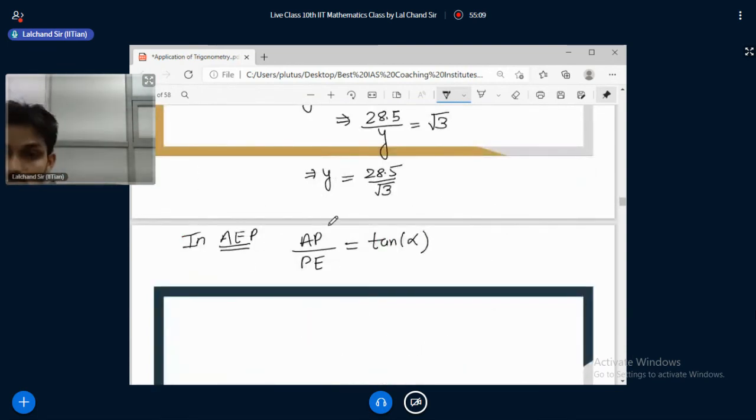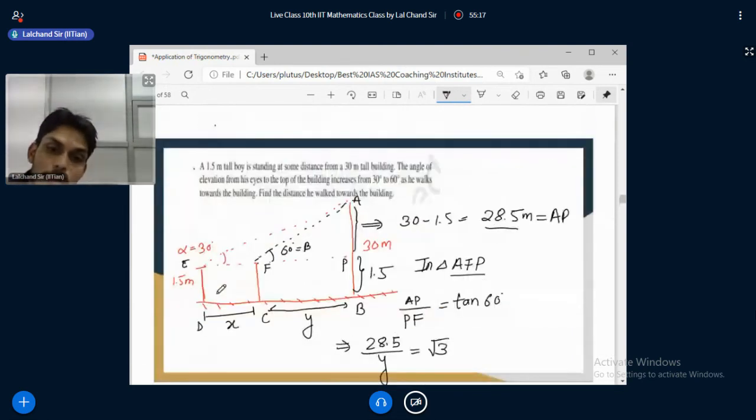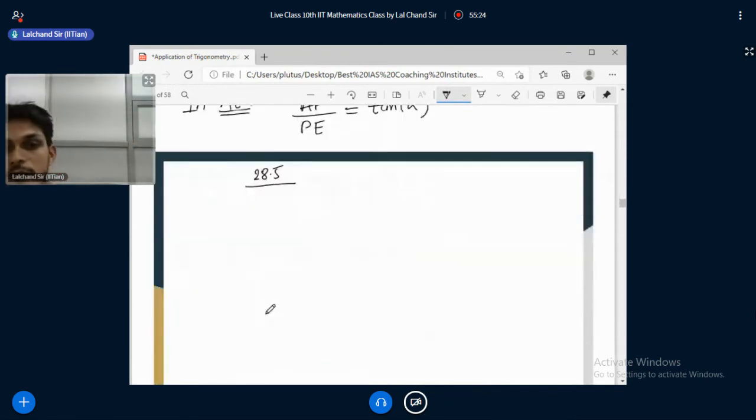So what is the value of AP? AP length is 28.5 meter. And what is the value of PE? So the length of PE is x plus y units, because up to this is x and this is y. So we will substitute PE equal to x plus y.